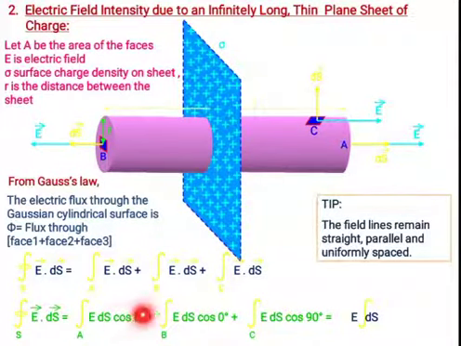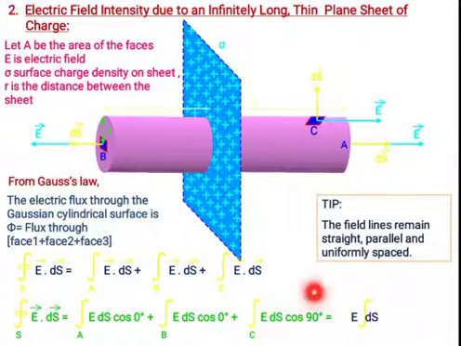At A the angle between E and ds is 0; both are in the same direction. At B also the same direction, angle is 0, but at C the angle is 90 degrees. So cos 0 for A and B, and 90 degrees here. Now E ds plus E ds is equal to 2 E ds.